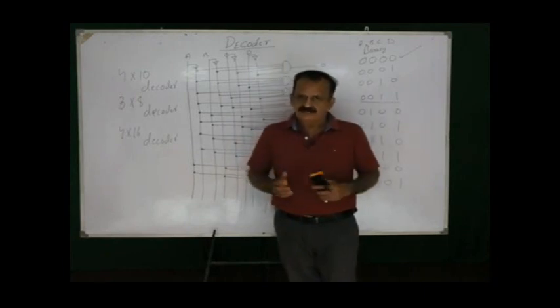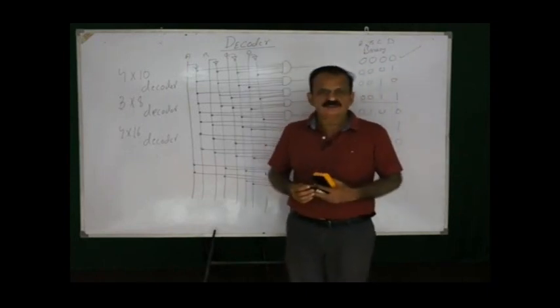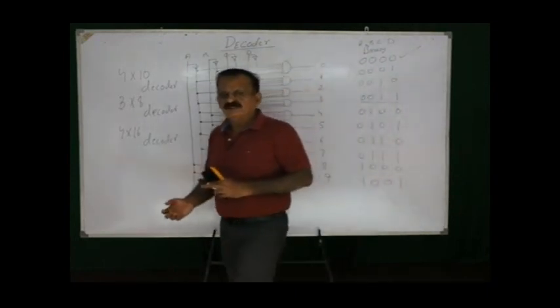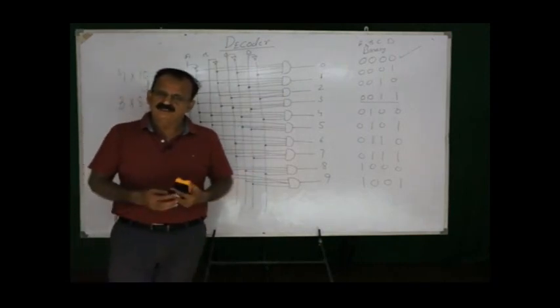I hope by going through this lecture we will be able to answer the questions. One can be a very simple question: explain the working of encoder, explain the working of decoder.